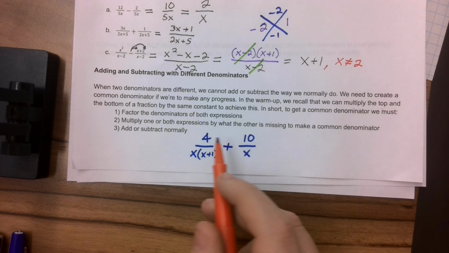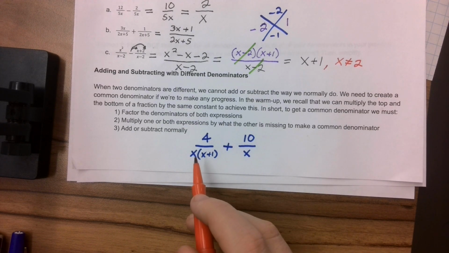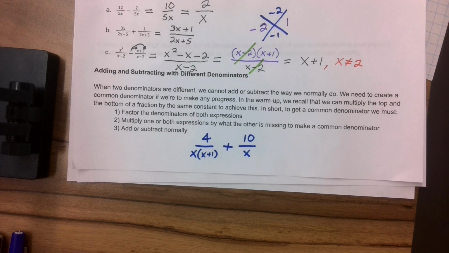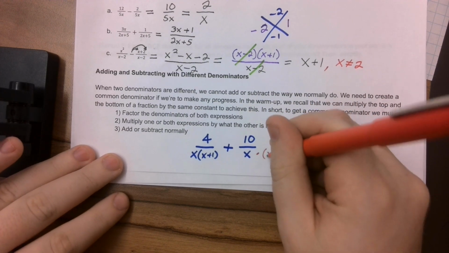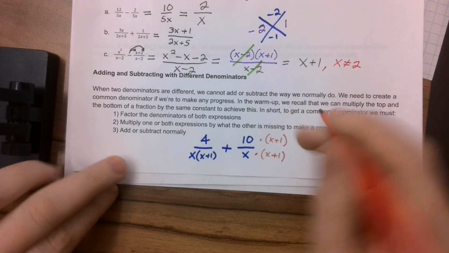So here, if we take a look, this one has an x times x plus 1. Here we have just an x. So it's missing an x plus 1. Multiply this expression by what it's missing. It's missing an x plus 1, so let's multiply.